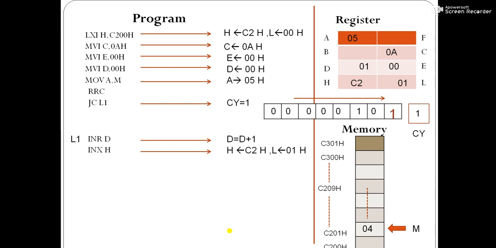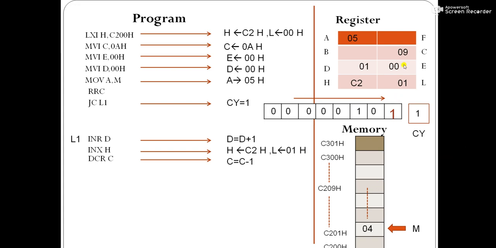So memory will be pointing to C201H, and C201H has the content 04H, right? When we increment the HL register pair, at the same time we have to decrement the counter, right? So the counter is decremented by 1, and now C will be 09.